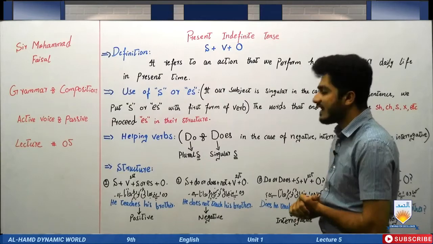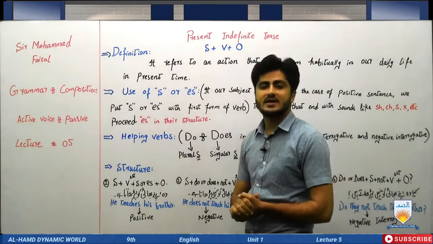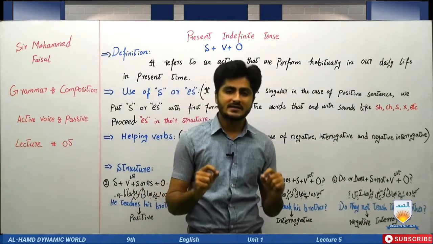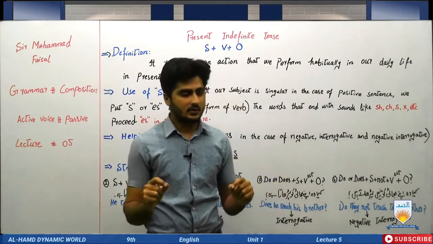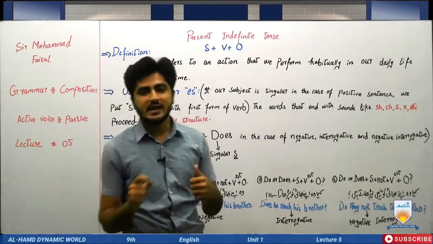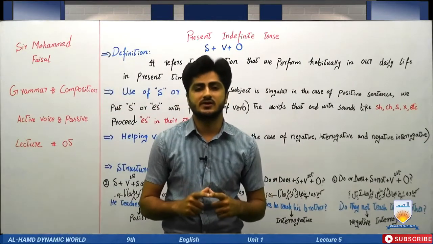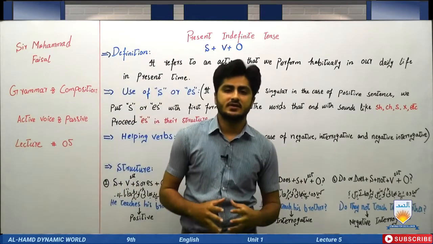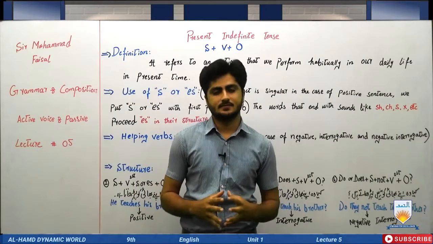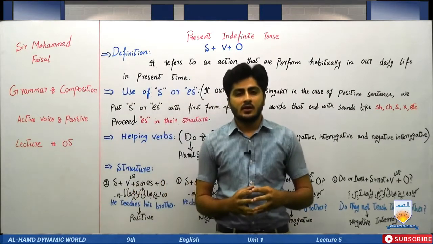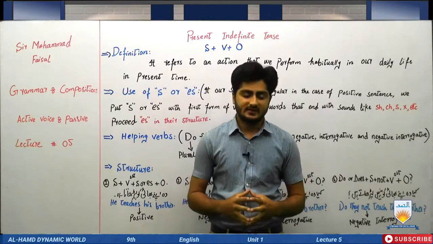The words that end with sounds like ch, sh, s, x, we add es with such words, and all other words take s. So let me make it easy for you, the use of s and es.